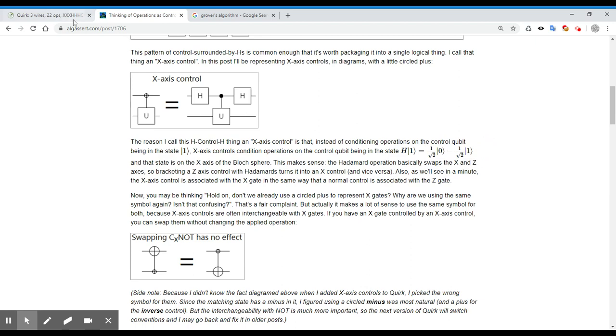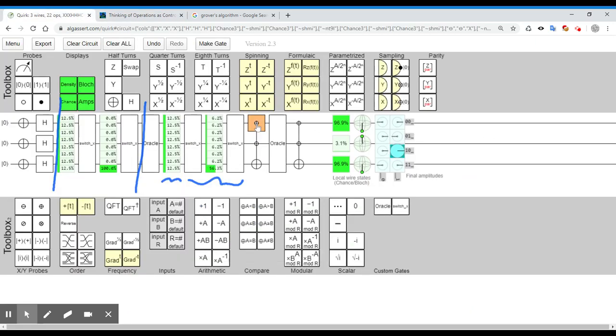So what this is telling us is that if this qubit is in a minus state and this qubit is in a minus state, then apply a NOT on this qubit. But this doesn't help me a lot. It's a bit unintuitive to think about it as controls.